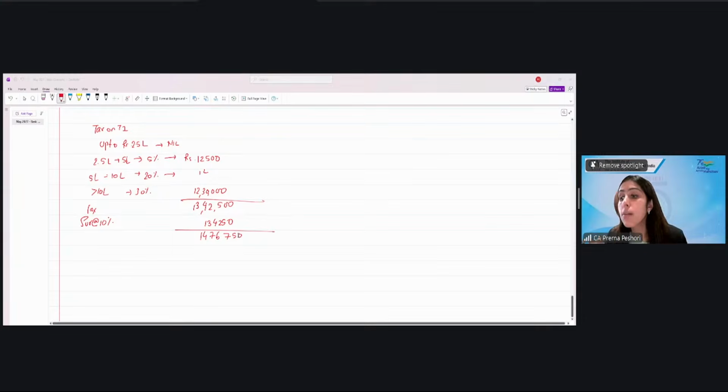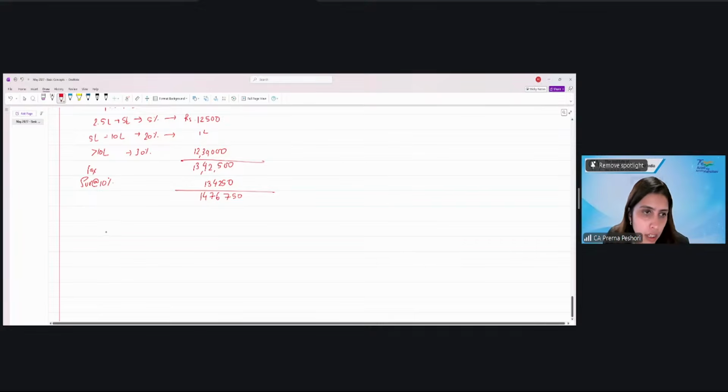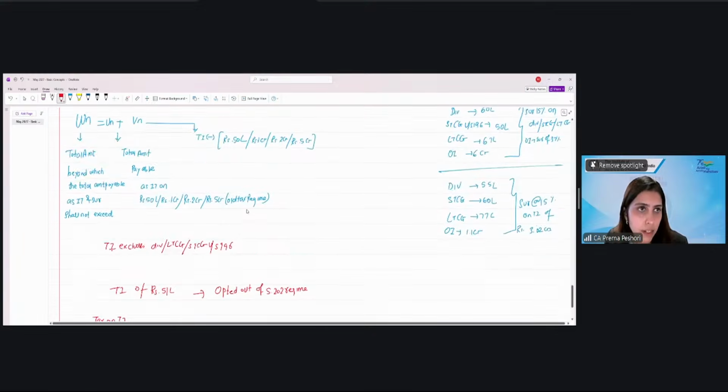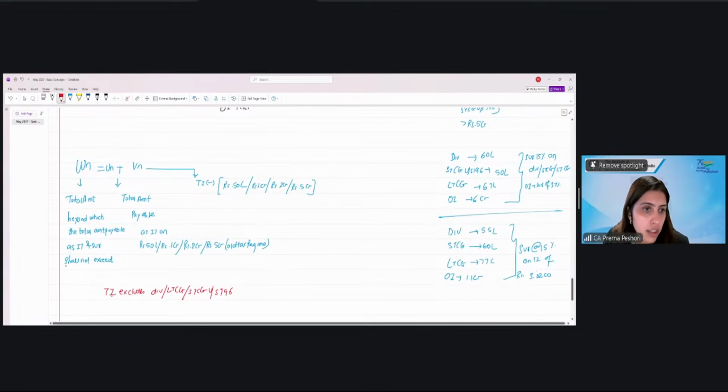Now, since my income has marginally increased beyond 50 lakh, what I will do is apply the formula. So Wn is nothing but my marginal relief, right? So this is nothing but my marginal relief.